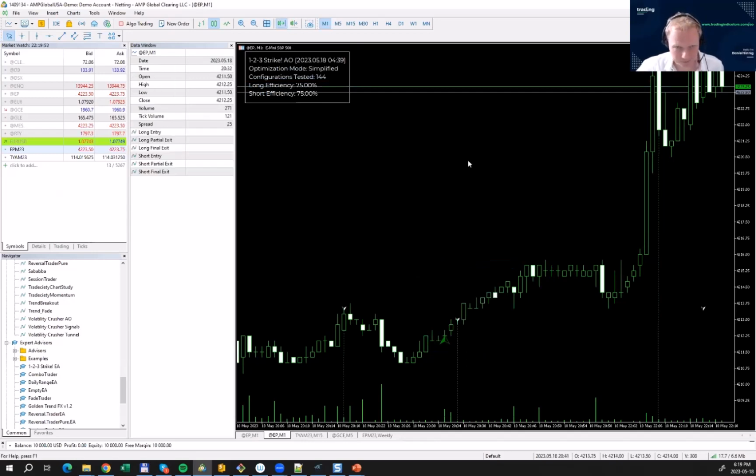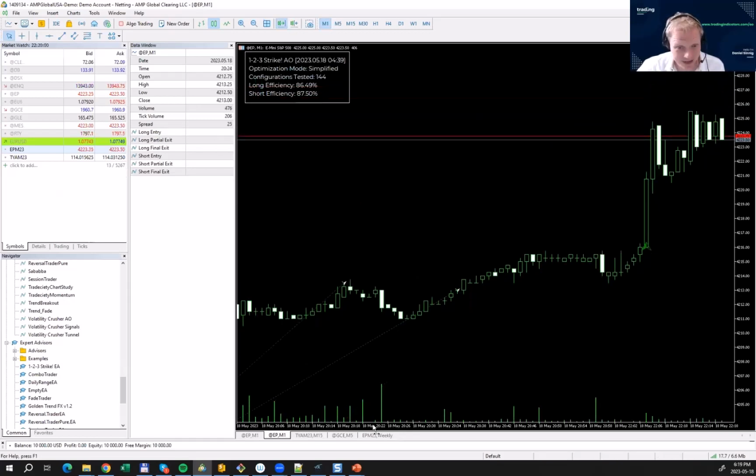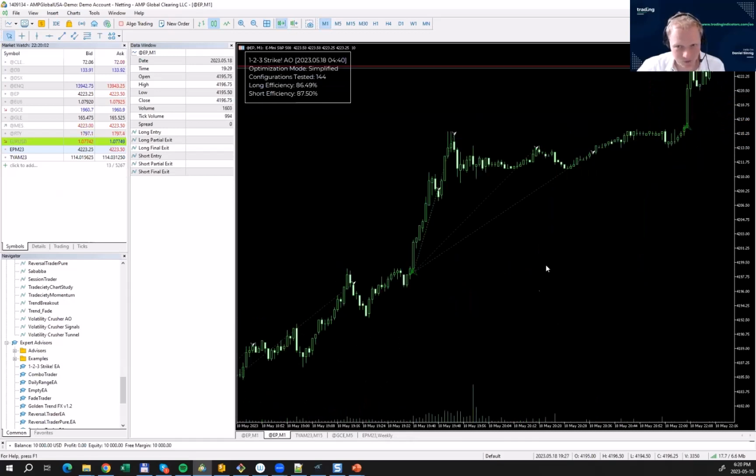Once this is refreshed, the first thing you can see, let me zoom in a little bit, is that, wow, our efficiencies seem to be a little bit higher. Now we're at 86.49% for long efficiency, and 87% for the short side.